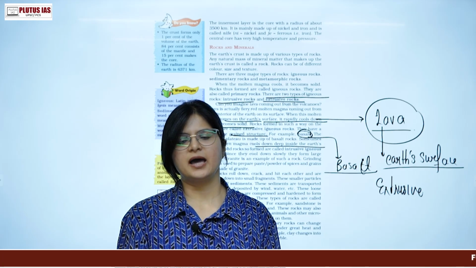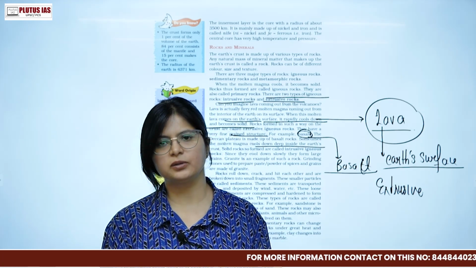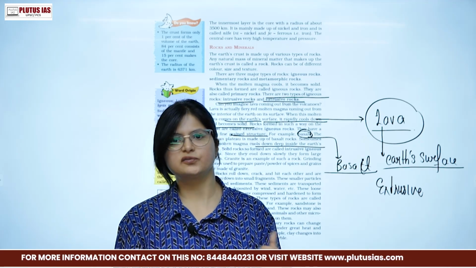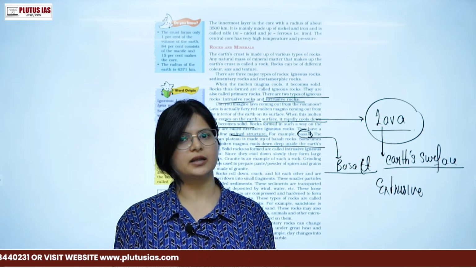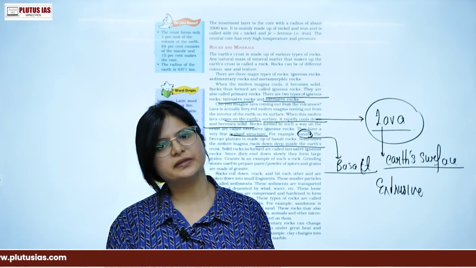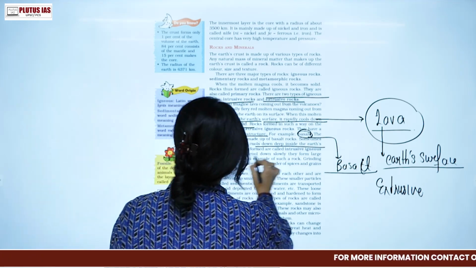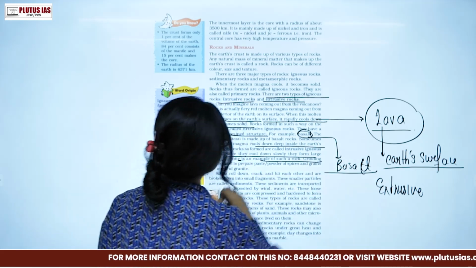Laccolith, batholith, dike, sill. So there are different types of intrusive rocks that will be discussed, but not now, because now you are just reading the 7th class NCERT. Since they cool down slowly, they form grains. Granite is an example of such rock.